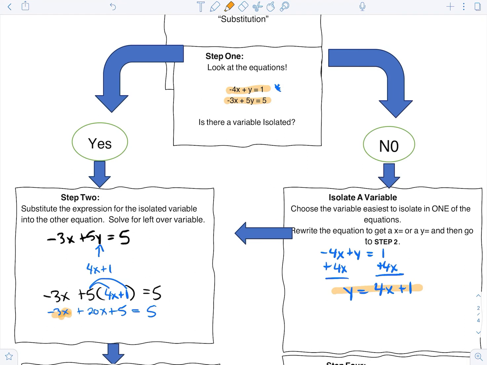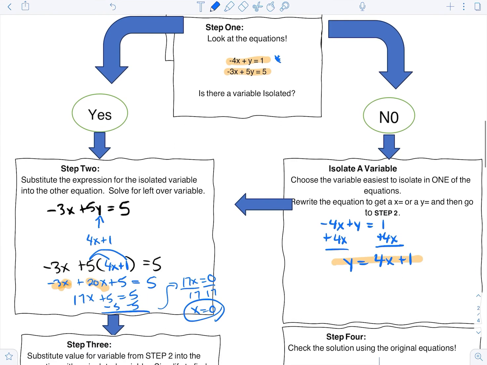Our like terms here are negative 3x and 20x, which gives us positive 17x plus 5 equals 5. Subtract 5 from each side. We're left with 0 on the right side. So this is 17x equals 0. Divide each side by 17, and x is equal to 0.